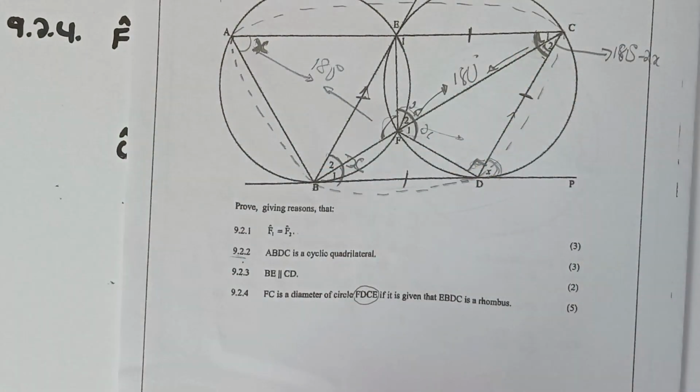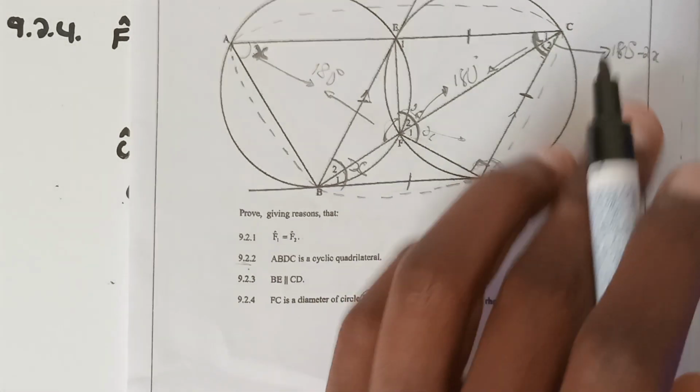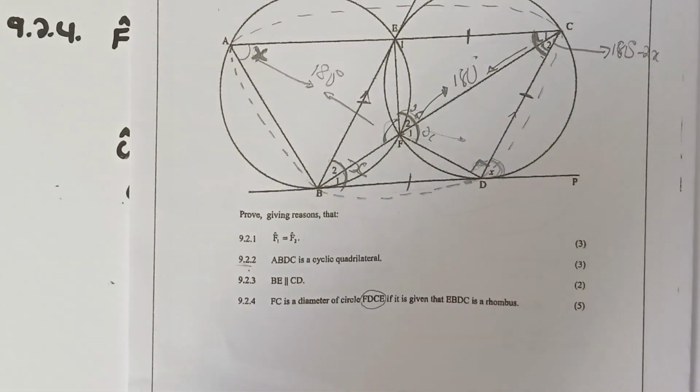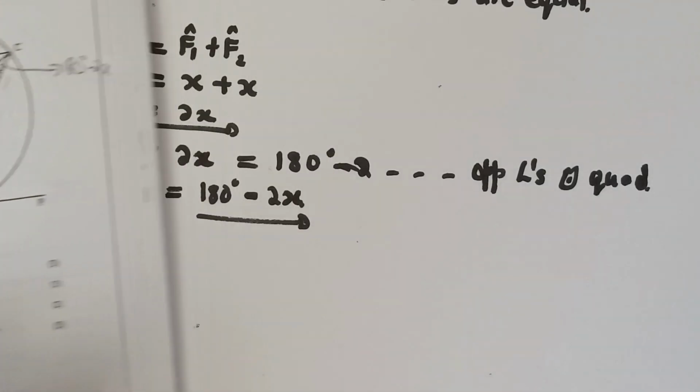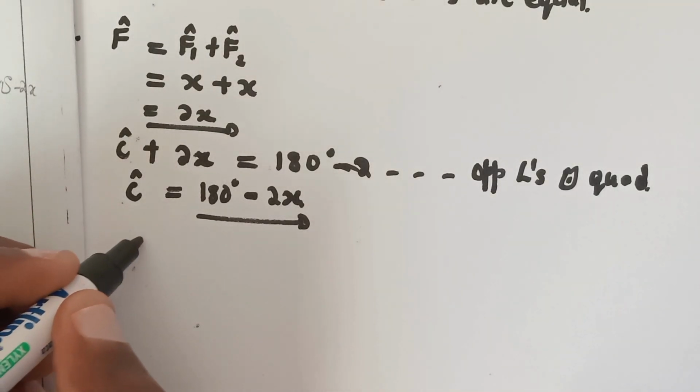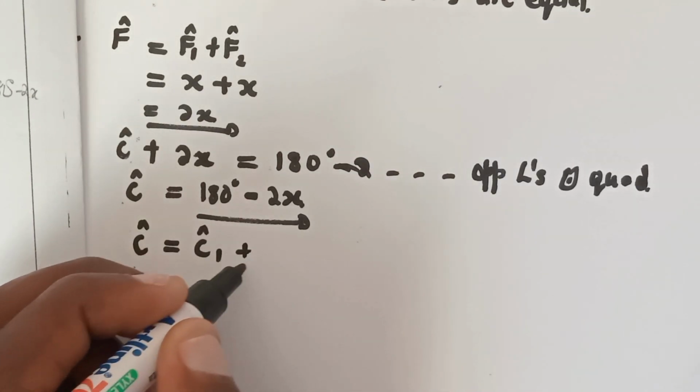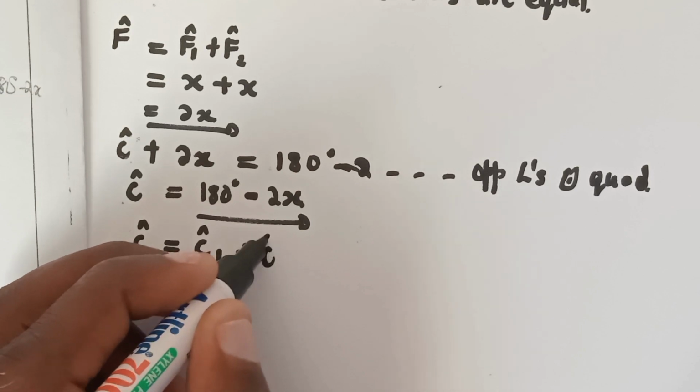So meaning now we can just divide the angle C that we got, since angle C is made by angle C1 plus angle C2.